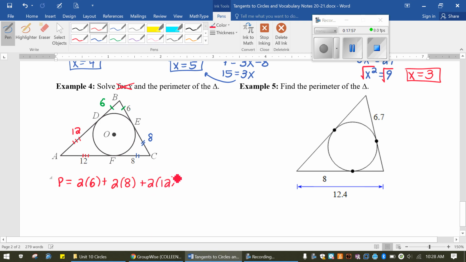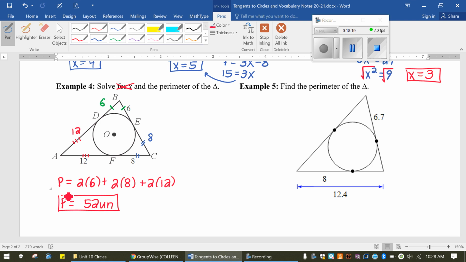So walking all the way around here, I have 6 and 6, 8 and 8, 12 and 12. That's why we call them a walk-around pattern. And if we add all of those together, we get 52. And then I put units on there because we're talking about a perimeter, which is the distance. Normally we would say something like feet or inches or yards, and since I don't have that, I just call it units.